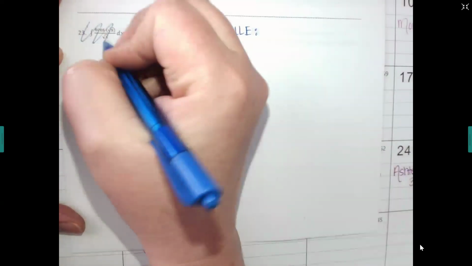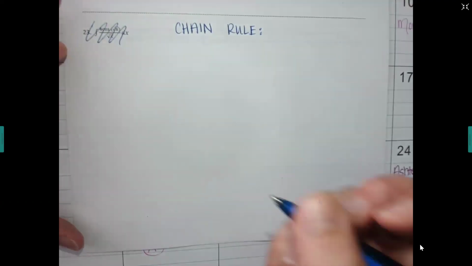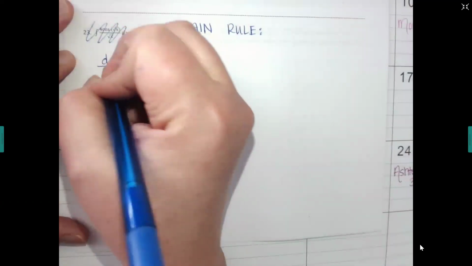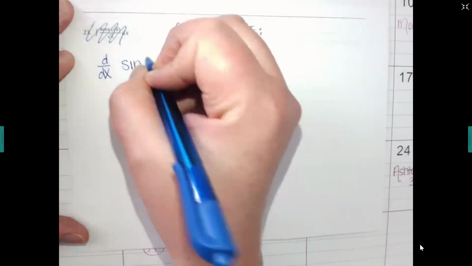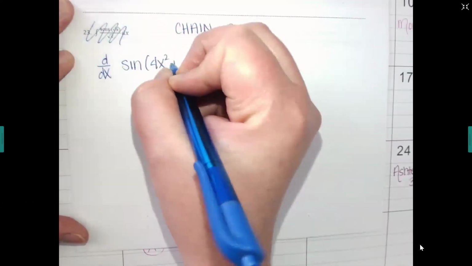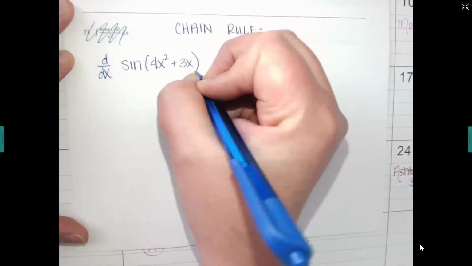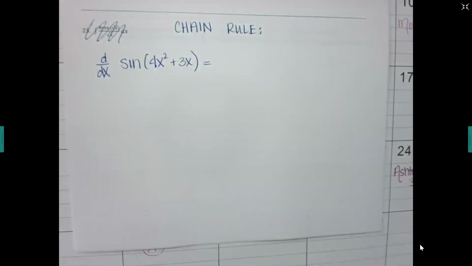If I asked you in semester 1, let's say maybe October, to take the derivative of the sine of 4x squared plus 3x. Chain rule says that you take the derivative of the outside layer.